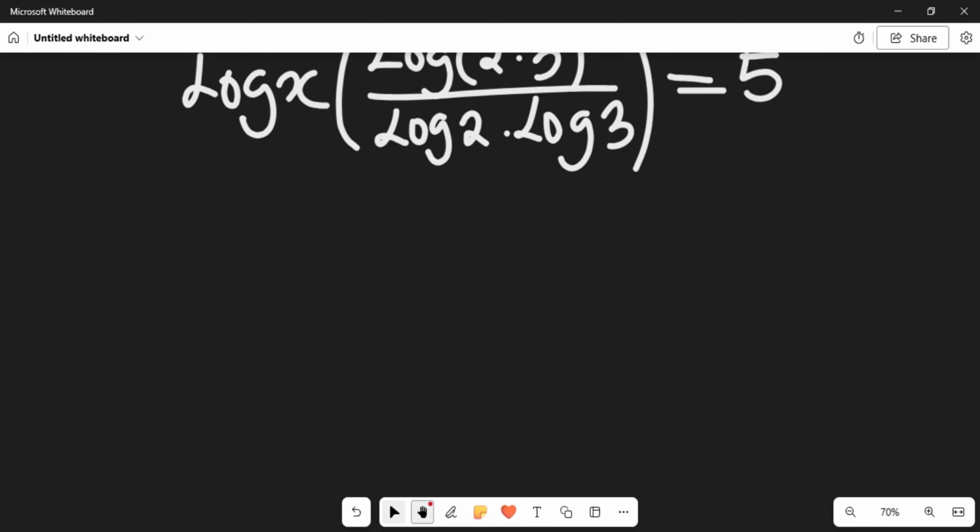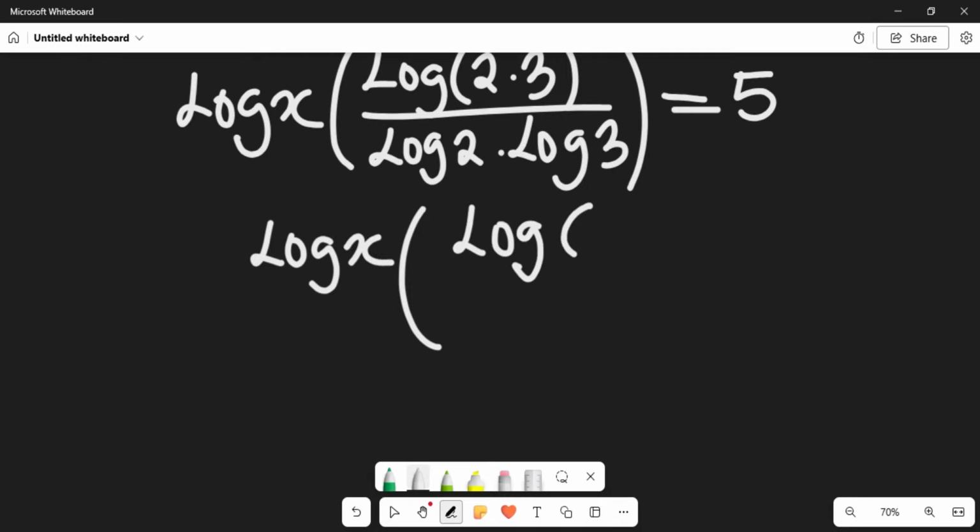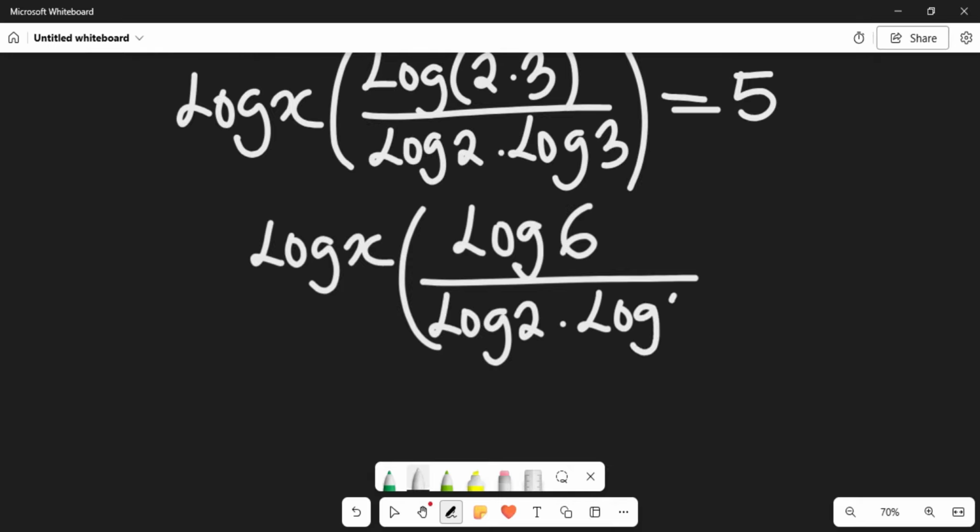Great. Now, looking at that expression, this becomes log x multiplying log 6 as the numerator, divided by log 2 multiplied by log 3, and all of this will be equal to 5.